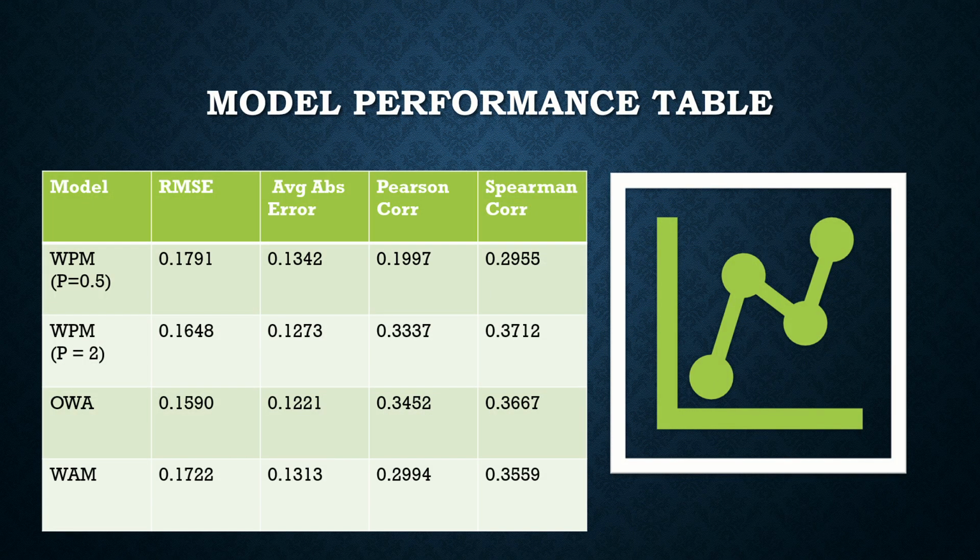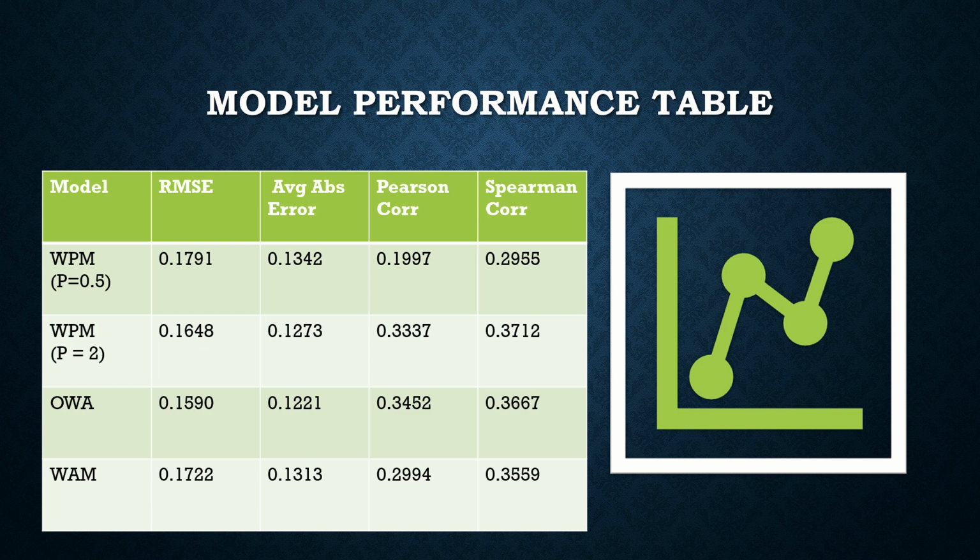And the next slide, the model performance table. This table compares the four models based on error and correlation. WAM had an RMSE of 0.172, as you can see in the table, and a correlation of 0.30, simple and easy to understand.